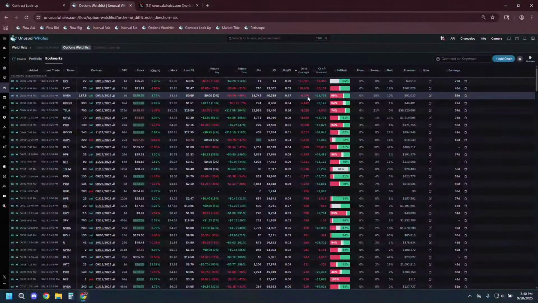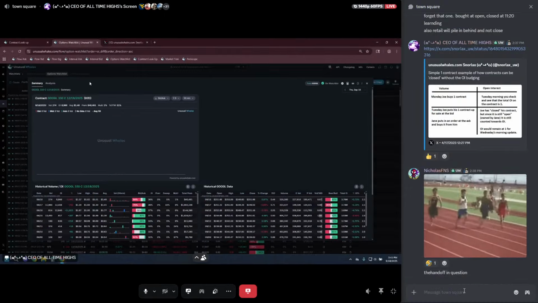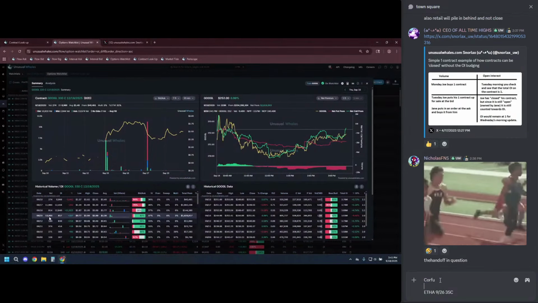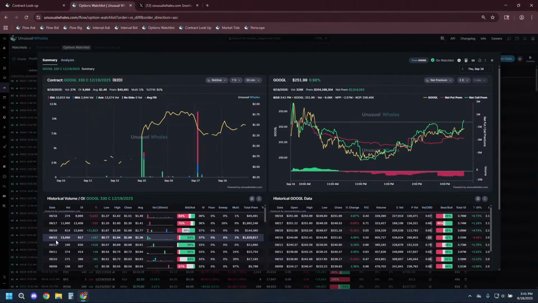Another example, Google 330. Here's another example, very similar. This is actually a great example. We see here on the 15th on Monday, high volume. This is Joe buying 13,000 contracts. The next day, the open interest has increased as we would expect. Joe decides he's going to sell his contracts. We see a big volume on the tape.